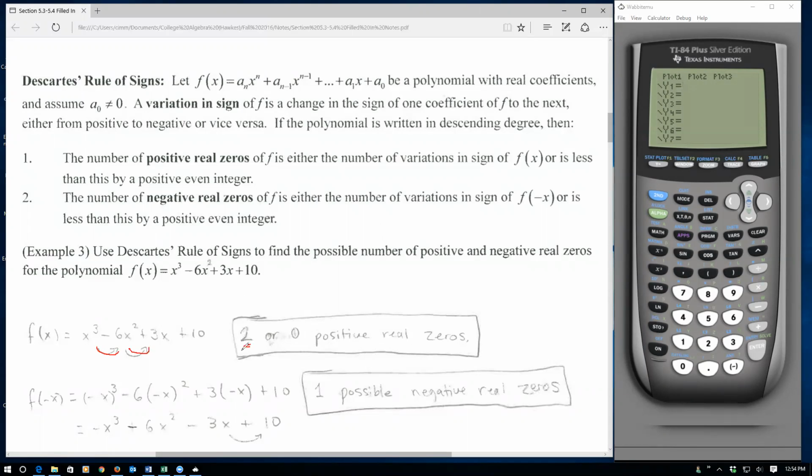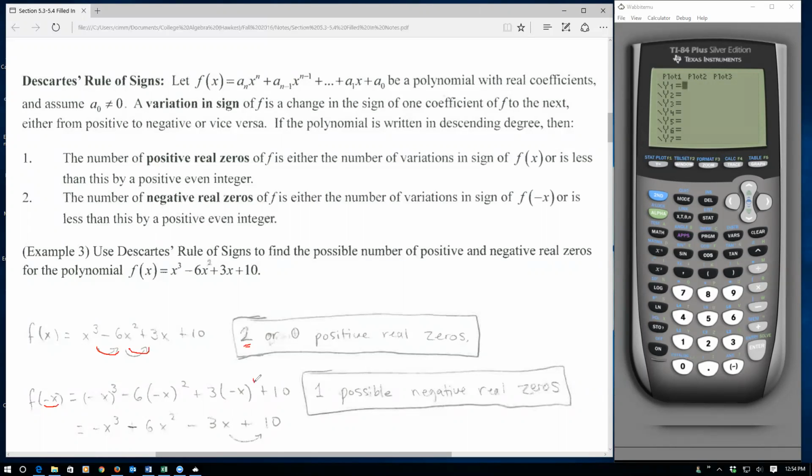If I plug in a negative x for the input, every odd power is going to leave that negative a negative. Every even power is going to absorb that negative. Negative 1 squared is 1, so it's going to make this positive and keep the sign here. And then I put in a negative here.